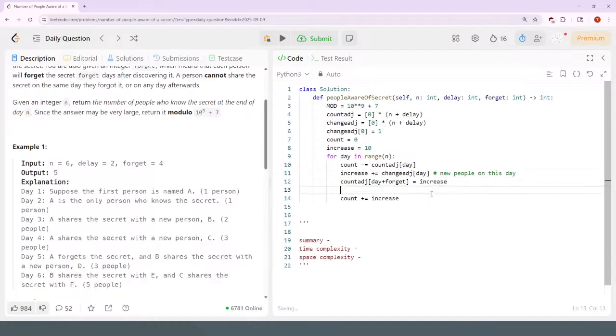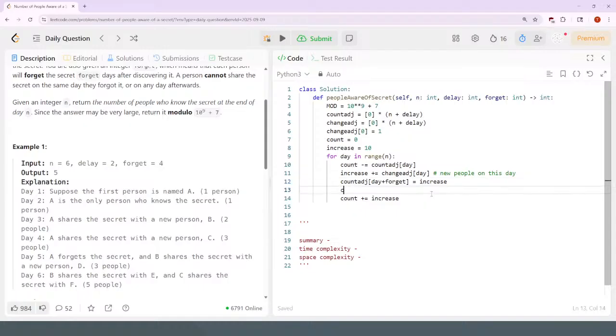Is it equal or plus? I think it equals, because each day has a certain offset, and it's not like day 3 and day 4, the people that spawn on those days are going to forget on the same day. So this is just an equal rather than a plus equals.